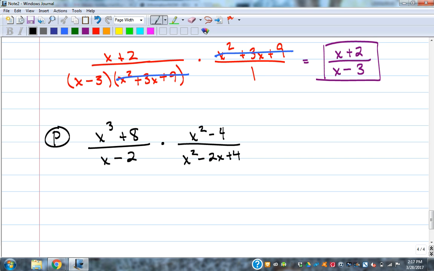All right, let's see if we can figure this one out. It looks kind of innocent. Maybe it's not. Hopefully you're getting to where you can do this pretty quickly.